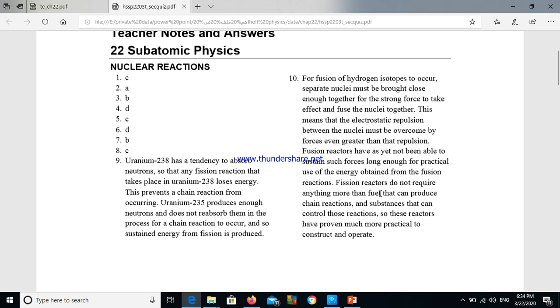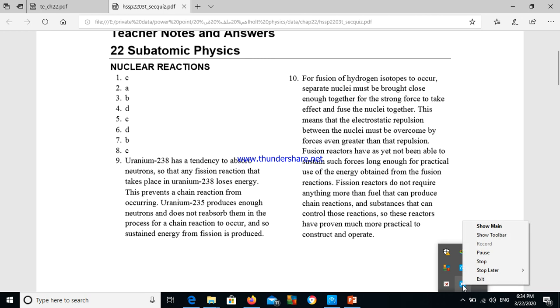Fission reactors don't require anything more than fuel that can produce chain reactions and substances that can control those reactions, so these reactors have proven much more practical to construct and operate. This is the end of Section 3.